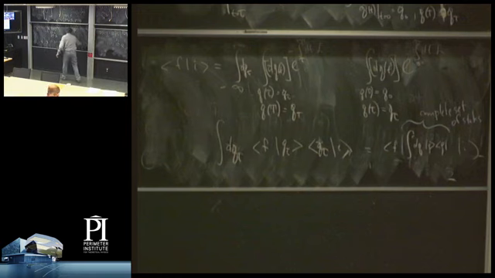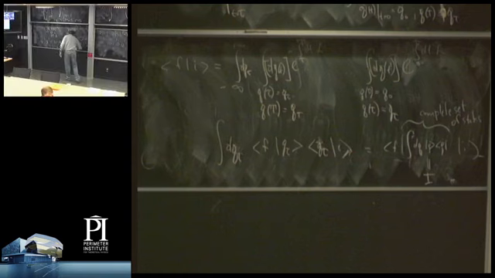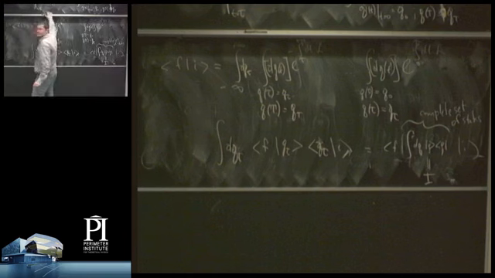So this integral is the complete set of states, and complete set of states is actually an identity. So we derived this simple notion in the language of the path integral. Okay, so any question so far?